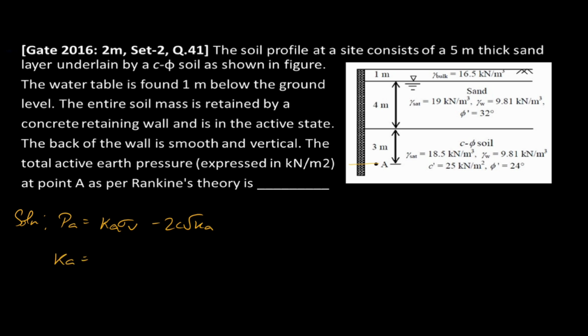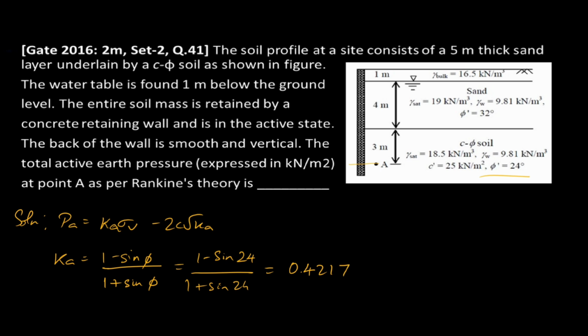So the value of Ka is equal to 1 minus sine phi divided by 1 plus sine phi, which is 1 minus sine 24, because we are finding the active earth pressure at point A, since the value of phi is 24, divided by 1 plus sine 24. If you calculate, you will get the value as 0.4217.